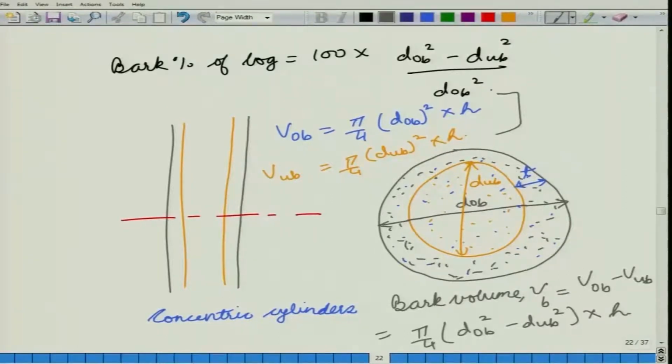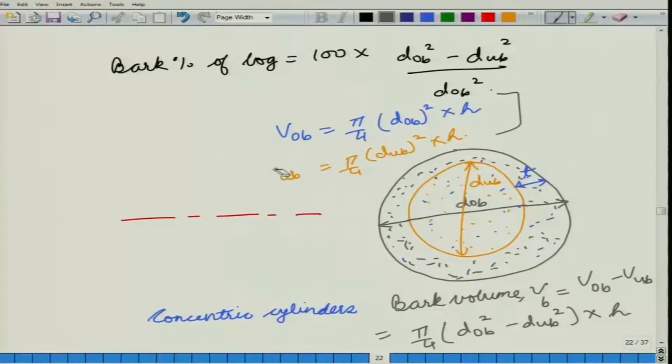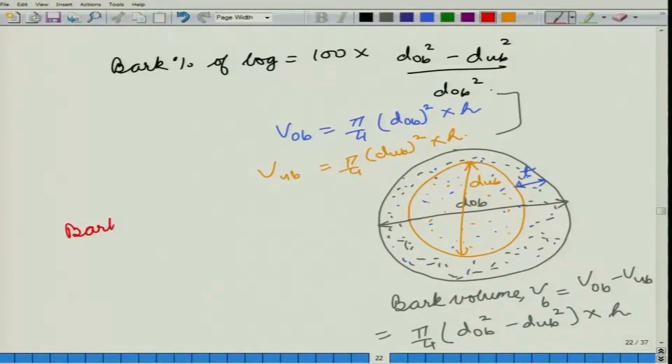So, what is the bark percentage of log? This thing is volume under bark. So, now just take another color. Bark percentage of log is the volume of the bark divided by the over bark volume multiplied by 100.